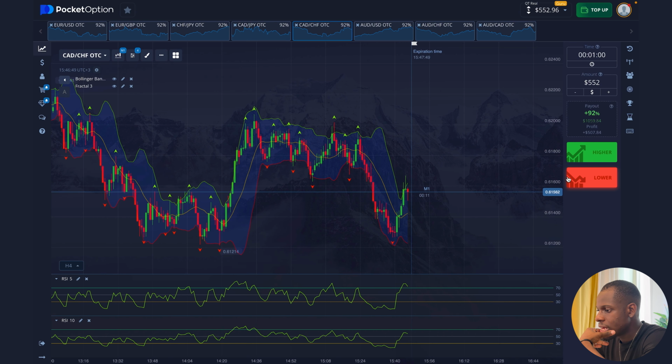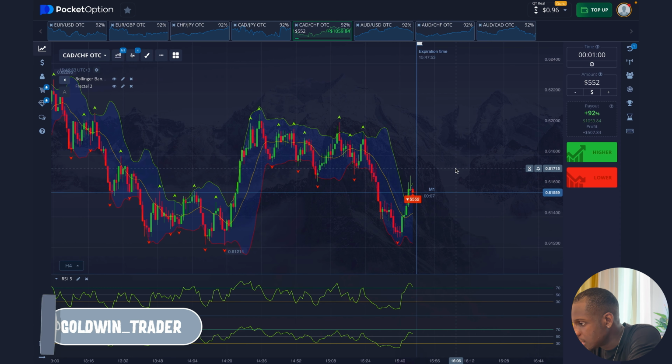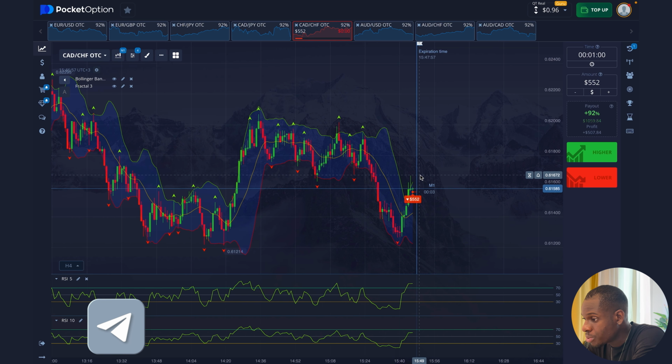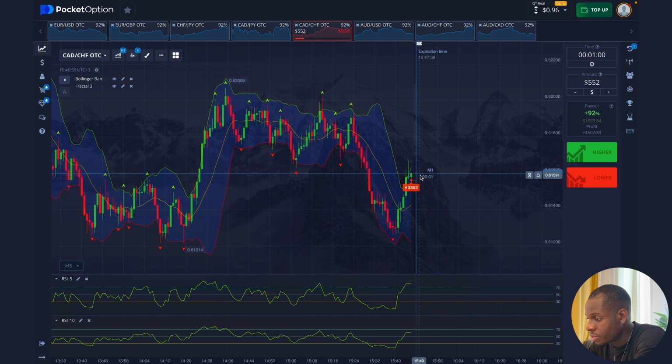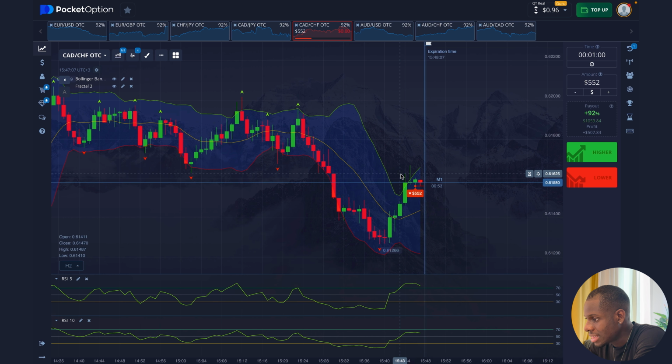Okay guys, so here I saw another entry, and I took a deal for a sell here, and there are multiple reasons why I took this for a downtrend, and I'm going to talk about that right now. There was a decent price pullback in this area, as you can see, and we had multiple touches on the Bollinger Bands.